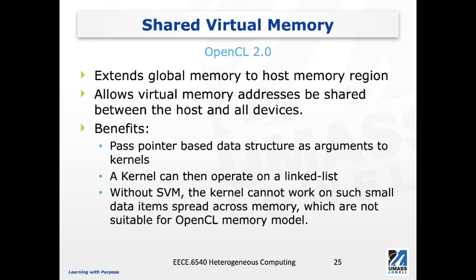Without shared virtual memory, the kernel cannot work on such a linked list spread across the memory, because in that case, the pointers given to the kernel are invalid for the kernel to access, since they are addresses in the host memory space. With shared virtual memory, the kernels can use these pointers of the host memory space to find the right data.